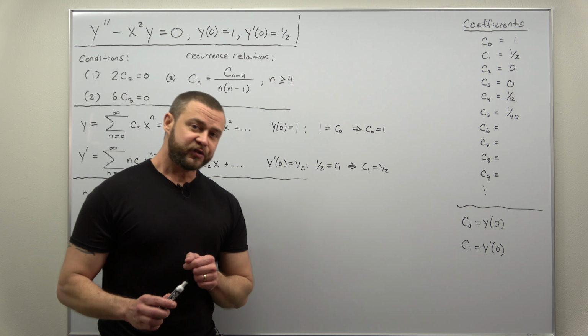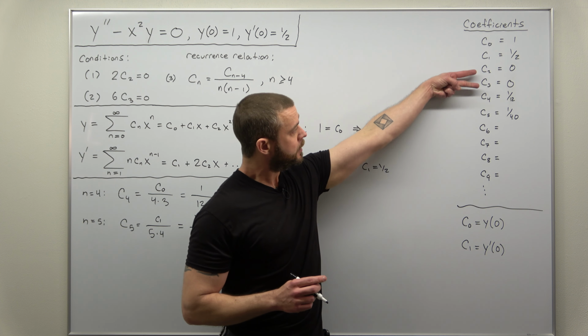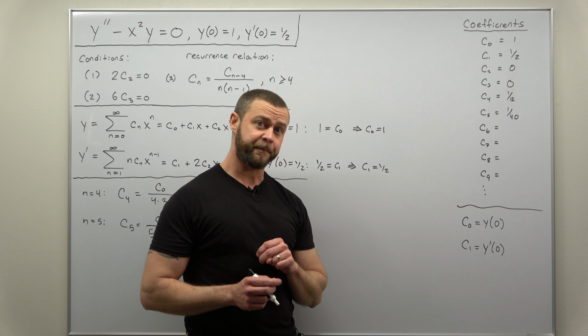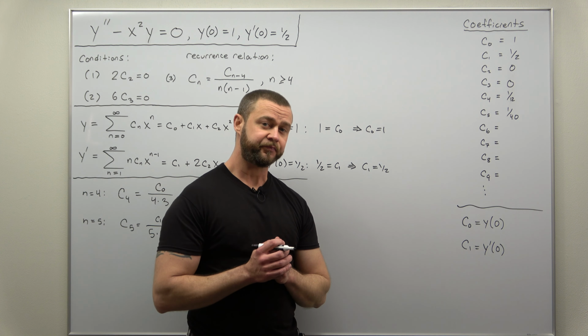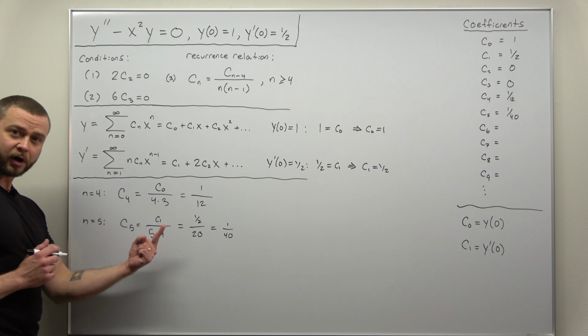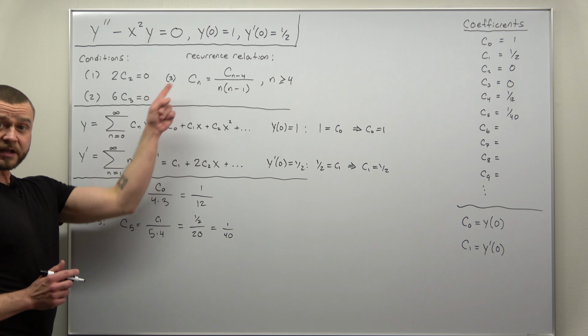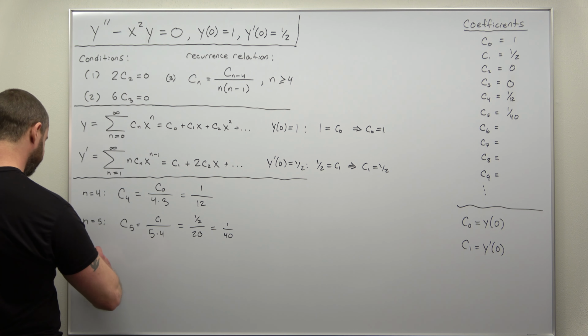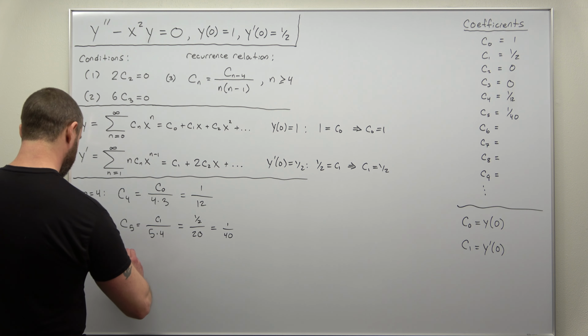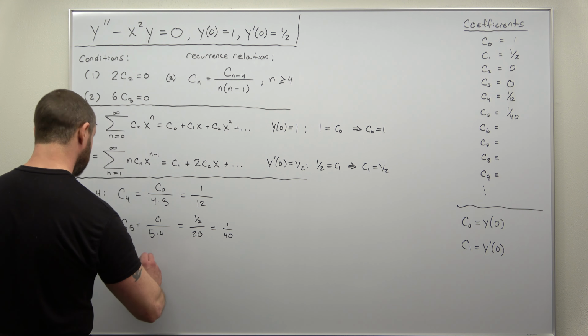And we'll put that in our list. And now something interesting is going to happen with our previous values here for c6 and c7. So let's go ahead and just plug those indices directly into the recurrence relation. So next up, we would plug in n equals 6, and we get c sub 6.